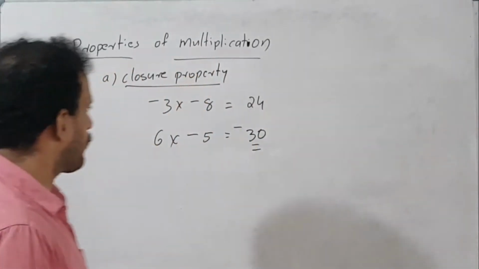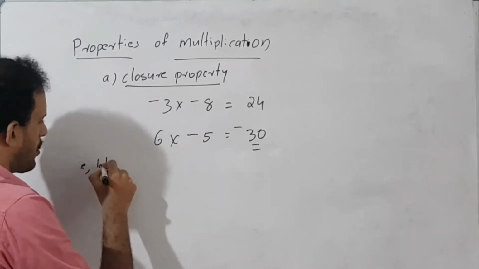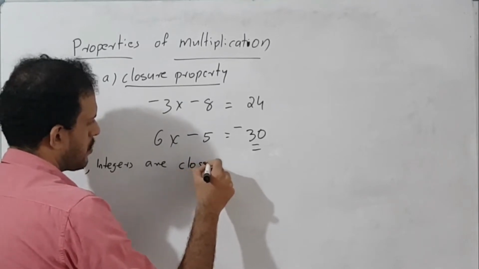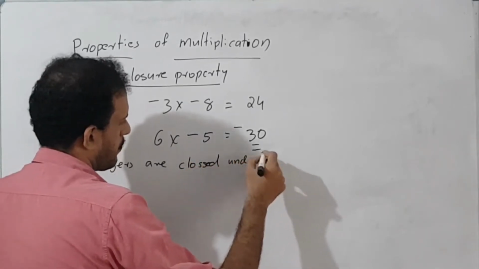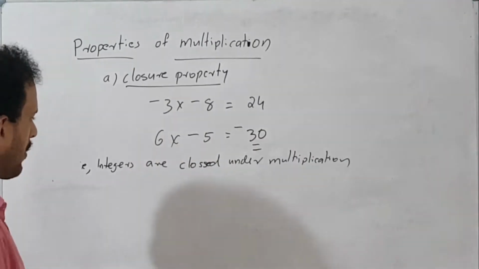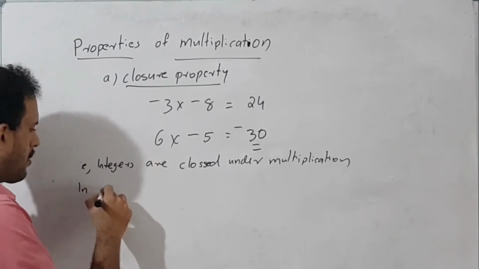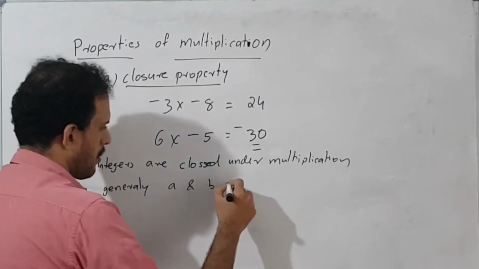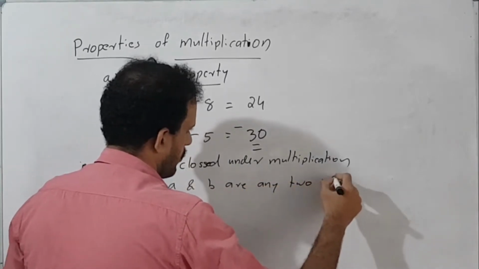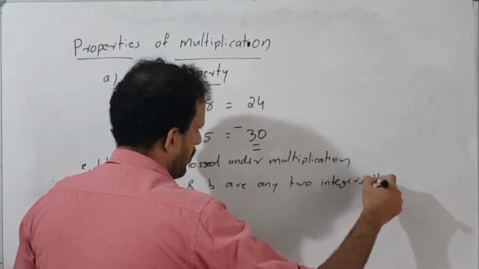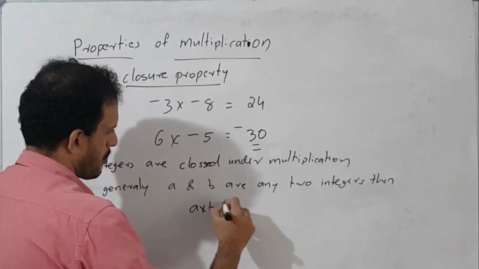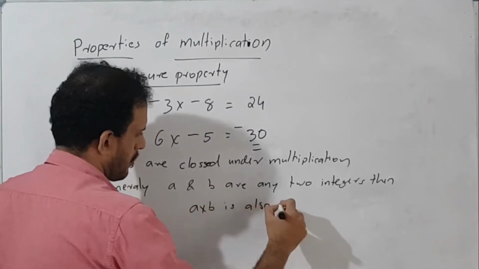So we conclude that integers are closed under multiplication. How do we generalize this idea? We write generally: A and B are any two integers, then A into B is also an integer.